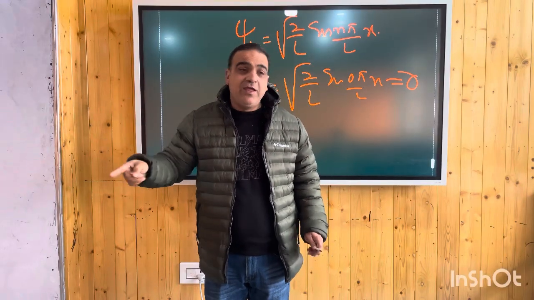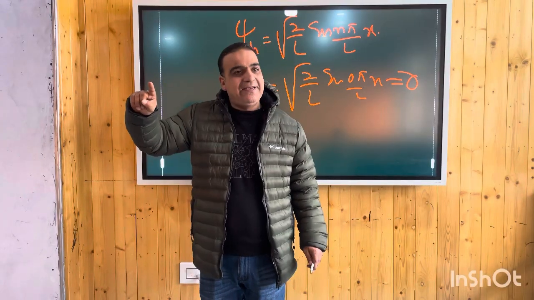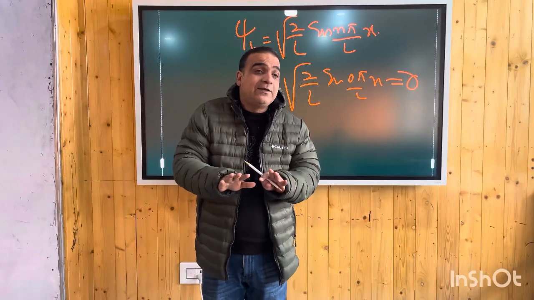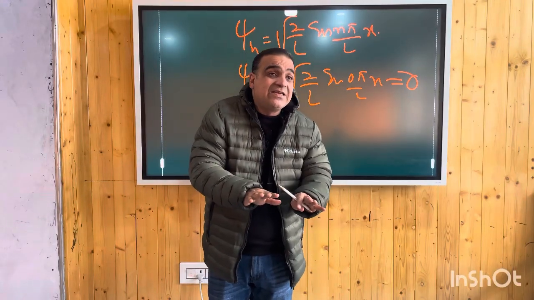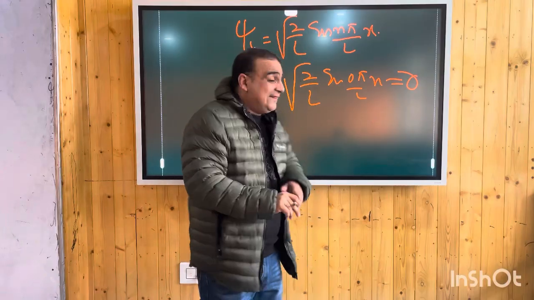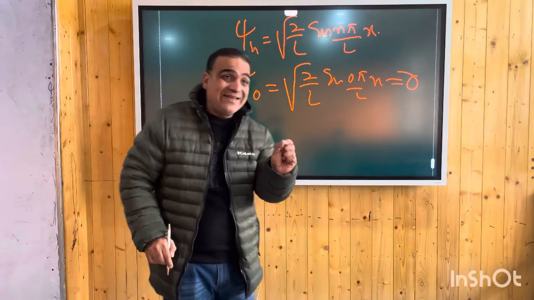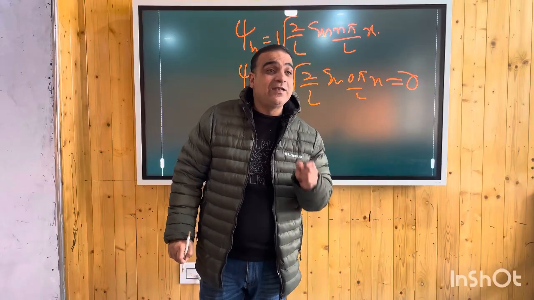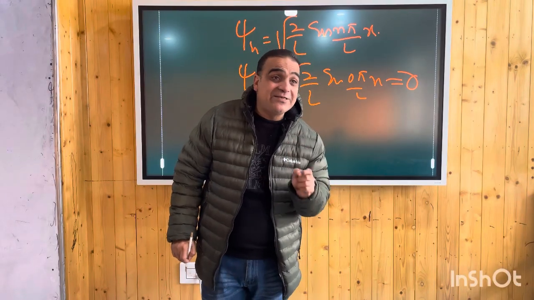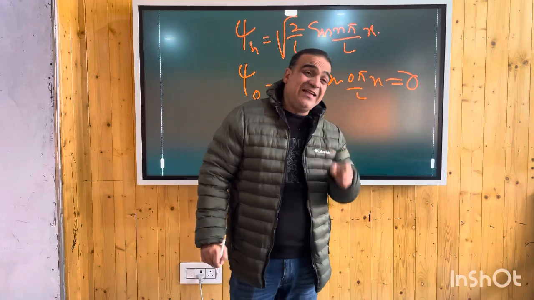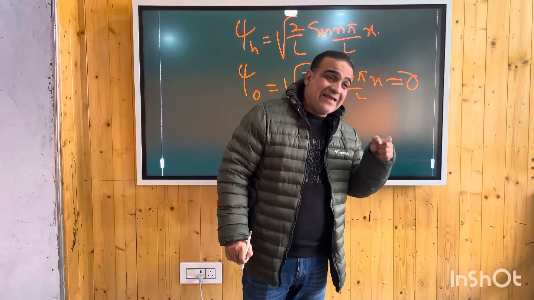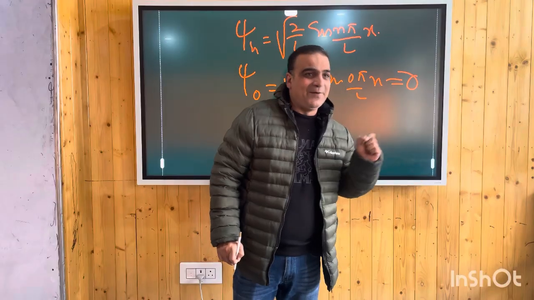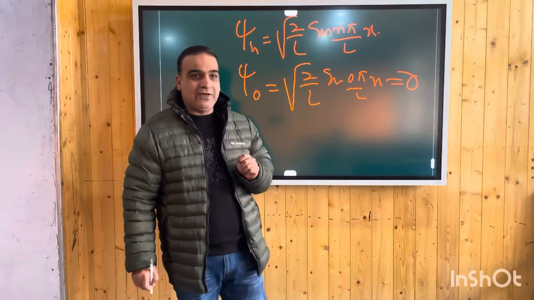If there is no probability density, the particle will not exist in this state. Getting my point? That's why E1 gives us the lowest possible energy, because there is no other energy less than E1 which is available to this particle.